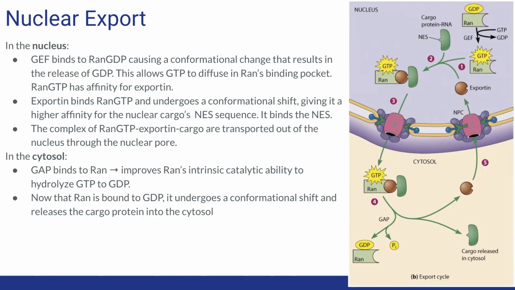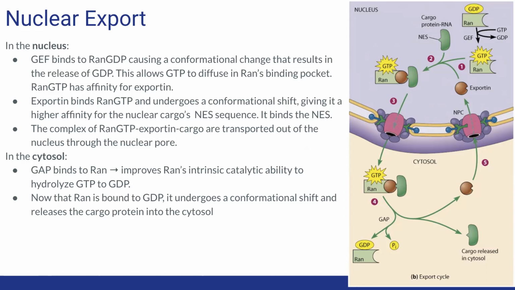RAN GDP will be helped by GEF to exchange that GDP for GTP. That kind of activates RAN, and then it can bind to exportin, and then exportin now has affinity for the cargo protein. And then this whole complex will exit through the nuclear pore. Once in the cytosol, in order to let go of the exportin, RAN helped by GAP will hydrolyze the GTP to GDP.